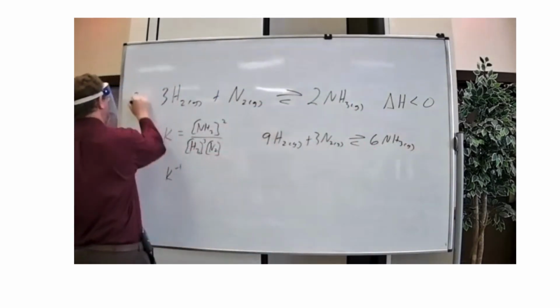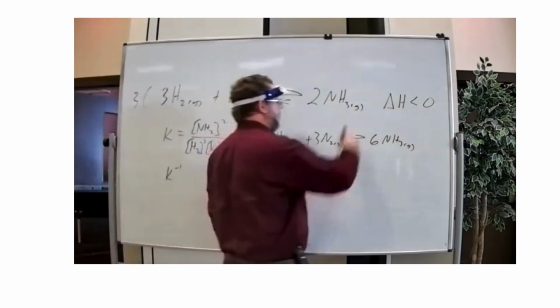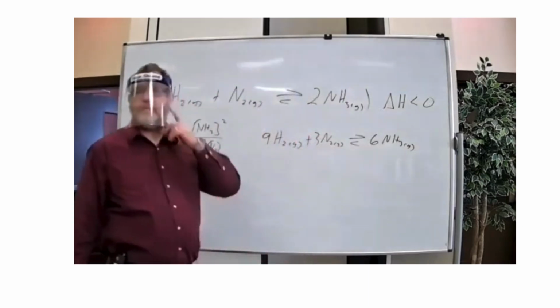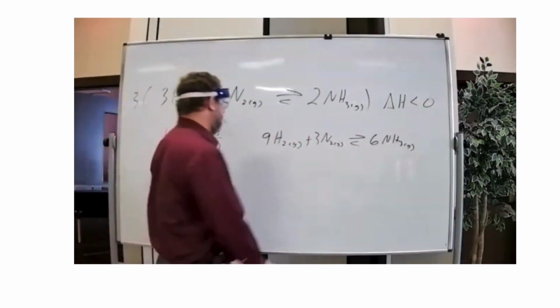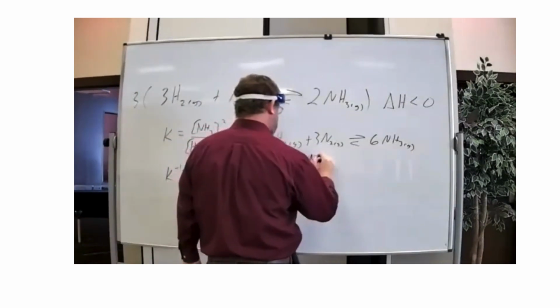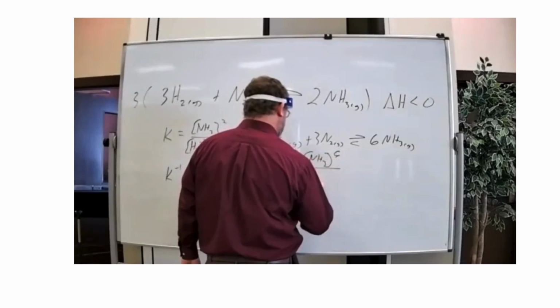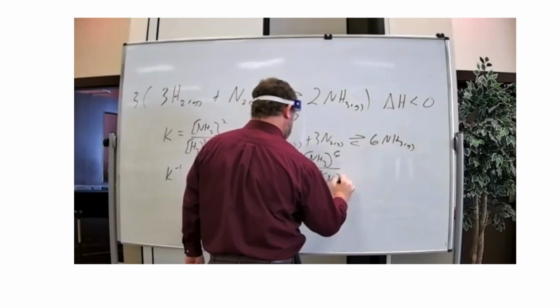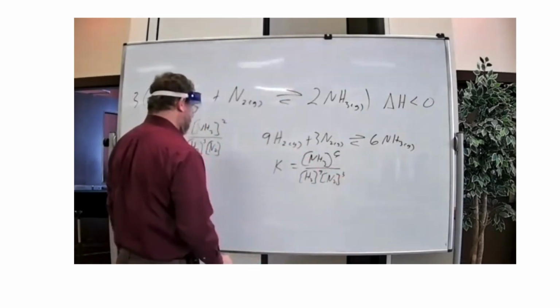Well, I multiplied this one by a coefficient of 3, right? I increased all my coefficients by 3. So if I look at this, K is going to be equal to NH3 to the 6 over H2 to the 9 N2 to the third.